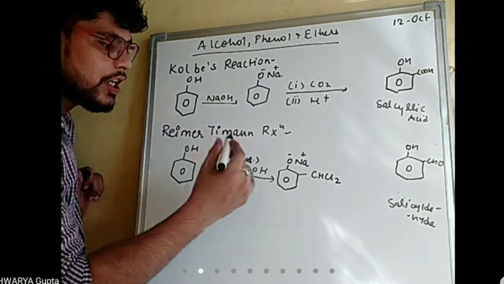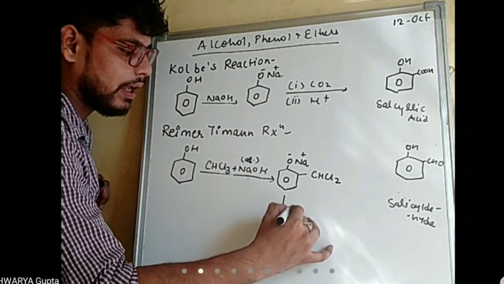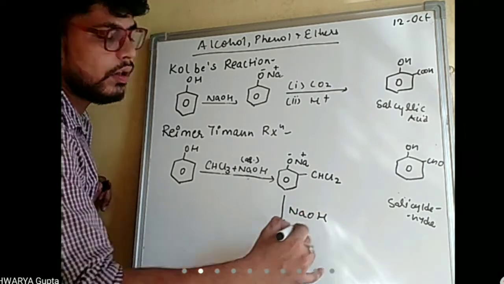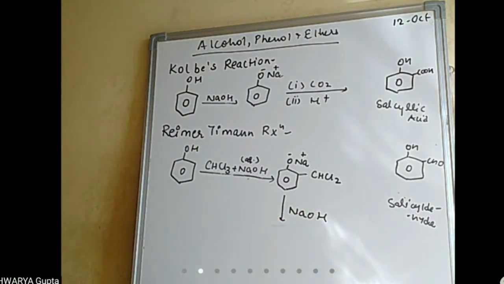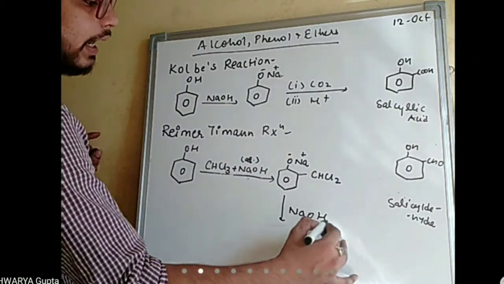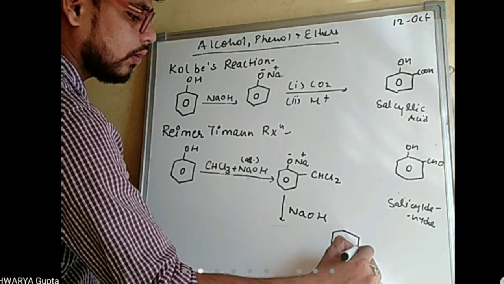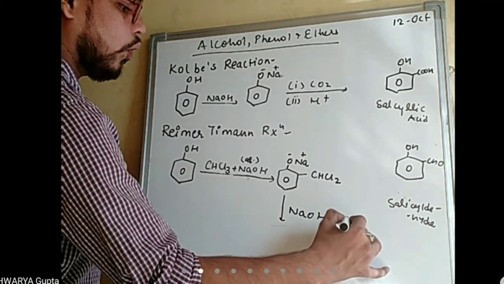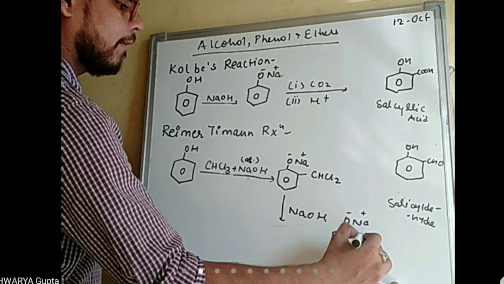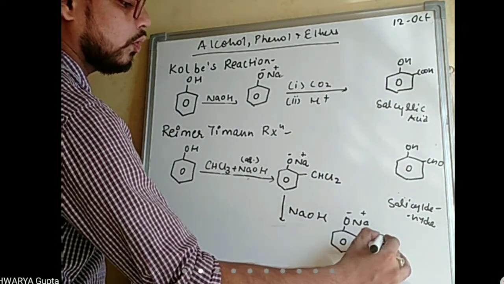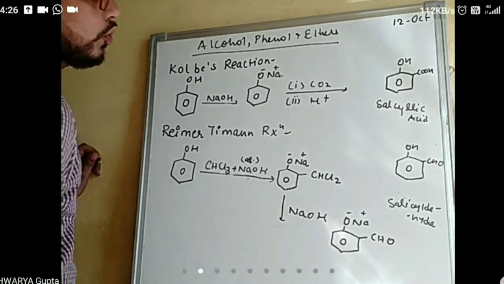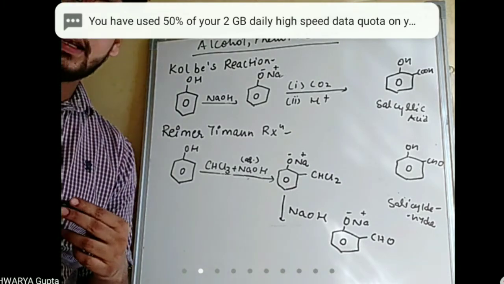It further reacts with NaOH and again forms the O Na compound, and this CHCl2 is converted into CHO, that is the required group.